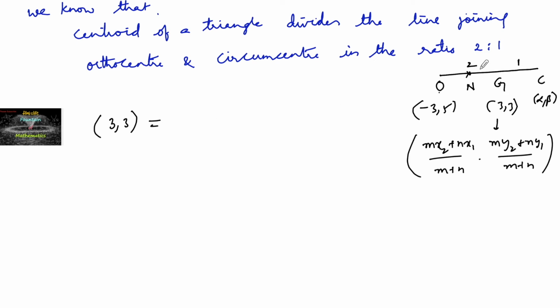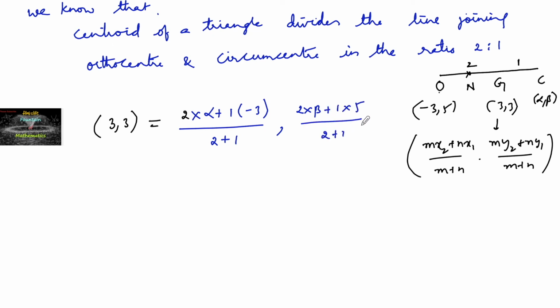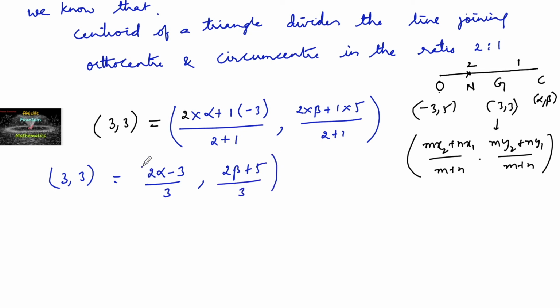So (3, 3) is equal to, m is equal to 2, so 2 times alpha plus 1 times of -3 upon m plus n, 2 times beta plus 1 times of 5 upon m plus n, that is 2 plus 1. So we have (3, 3) is equal to ((2 alpha minus 3) upon 3, (2 beta plus 5) upon 3).